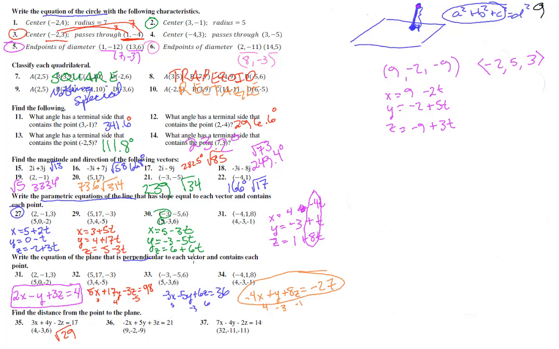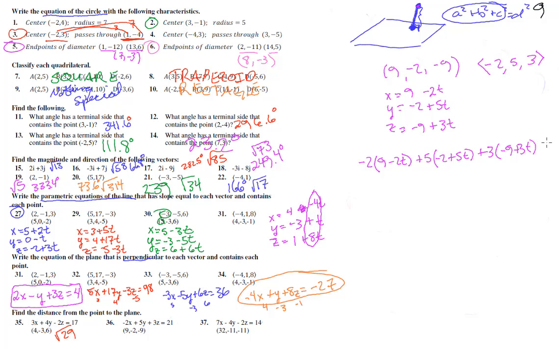So now let's stick these into the equation of the plane. So we get negative 2 times the x, that's 9 minus 2t. Plus 5y, and the y is negative 2 plus 5t, and z, so we get plus 3z, which is negative 9 plus 3t.